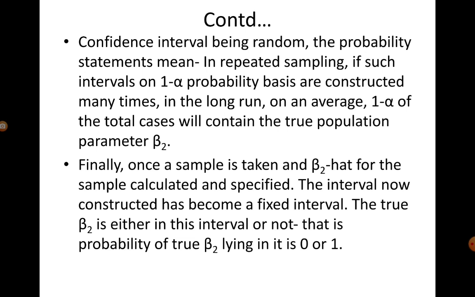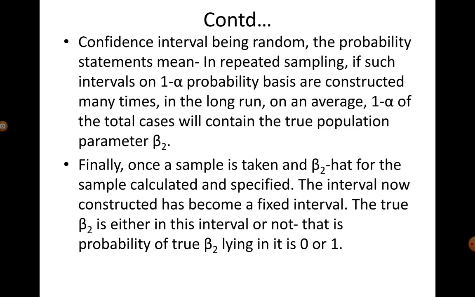It means that if I continuously take sample after sample, calculate the beta 2 hat for each sample and construct a beta 2 hat minus delta to beta 2 hat plus delta, that is, I construct confidence intervals for each sample, then in the long run, on an average, 95% of the total number of samples will contain the true population parameter beta 2.